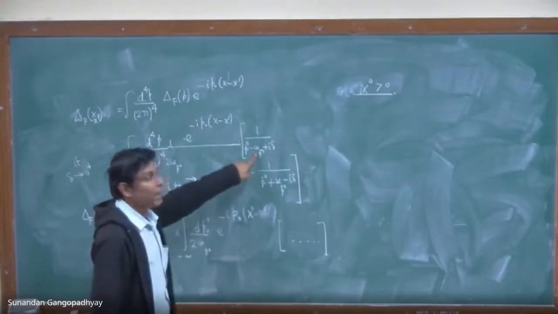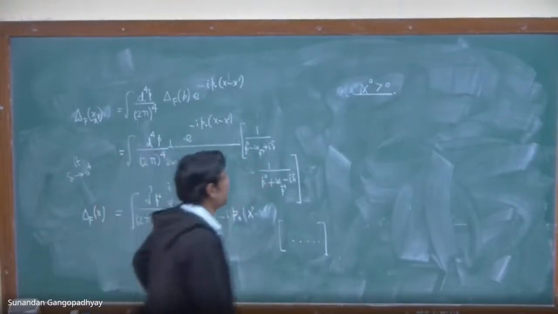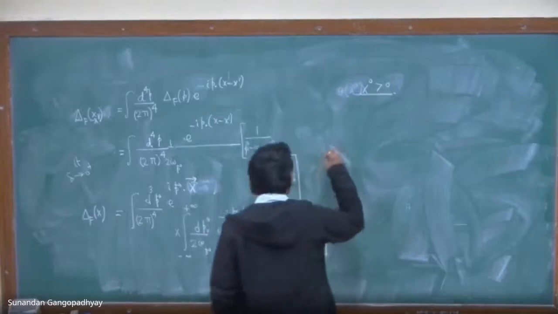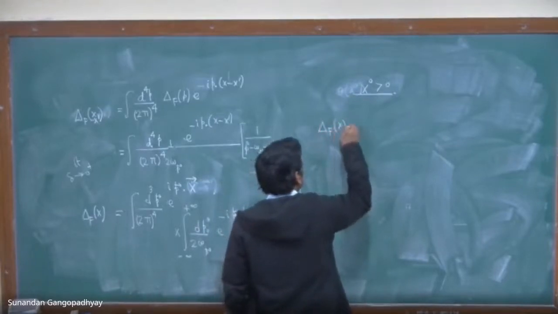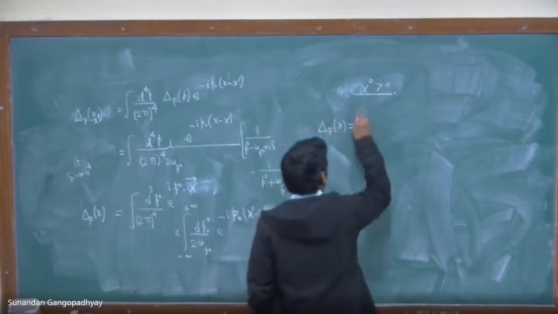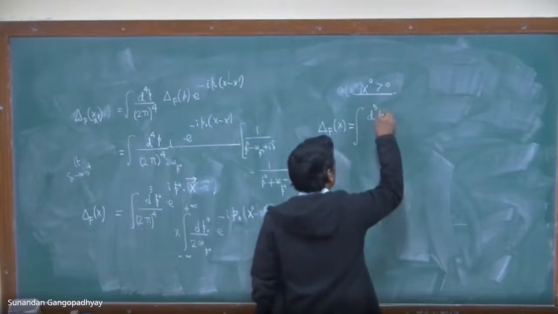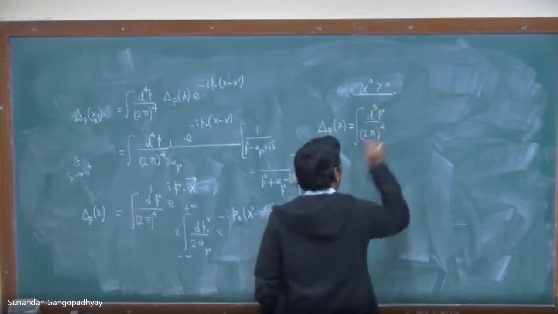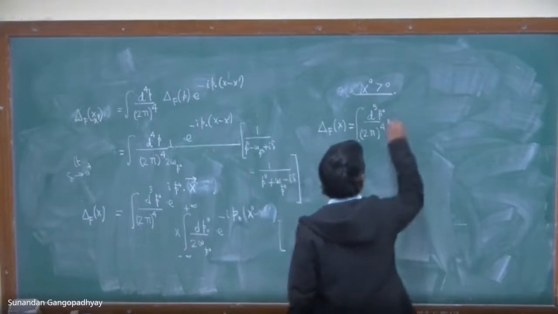So what we shall have is delta F of x equal to the integral d^4p by (2π)^4, then e to the power of i p dot x.